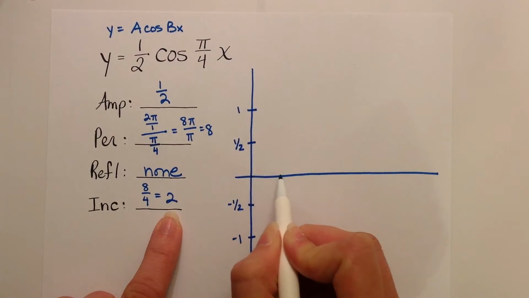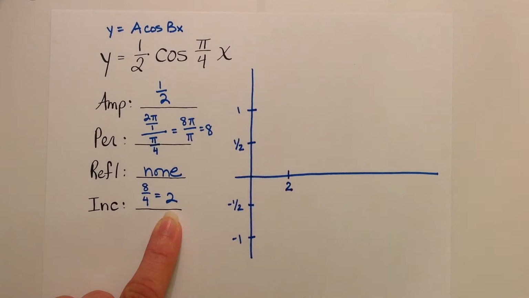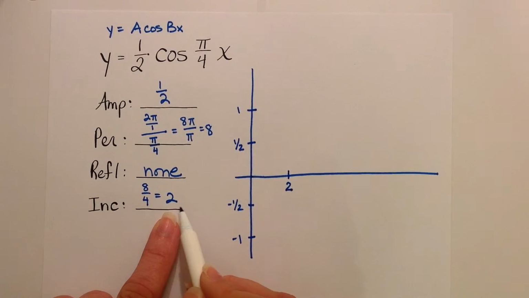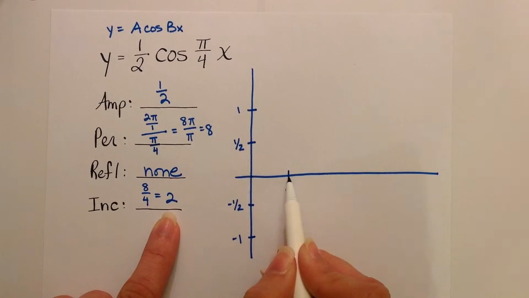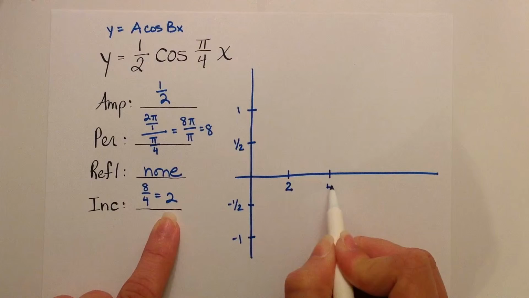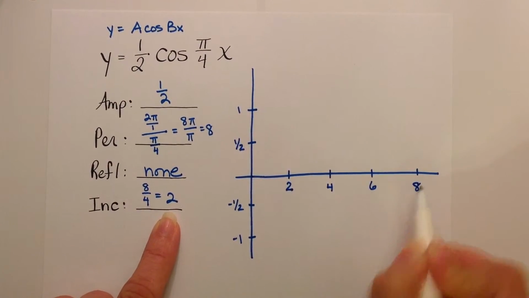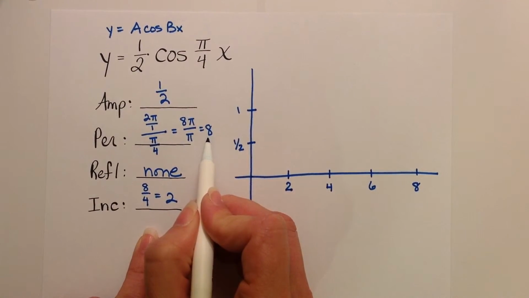So your increment now tells you that you're going to go a distance of 2 for your next tick mark. So of course, I know 1 is in here, but we're not going to bother marking it. We're only going to mark the increments that we have every 2 units. So we're starting at 0, we go a distance of 2. And then another distance of 2, another distance of 2, and another distance of 2. So again, I'm ending at 8, which you notice matches up with your period.